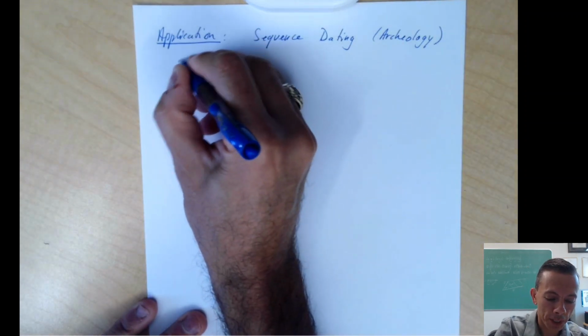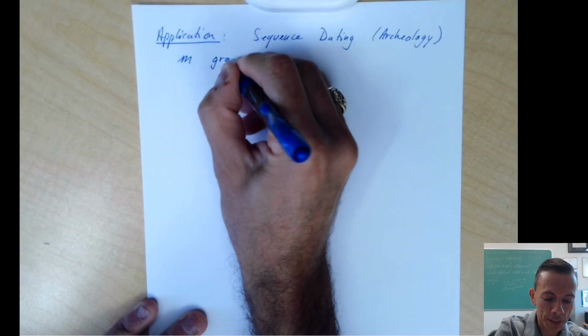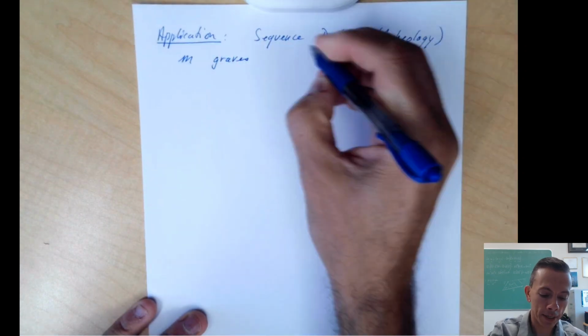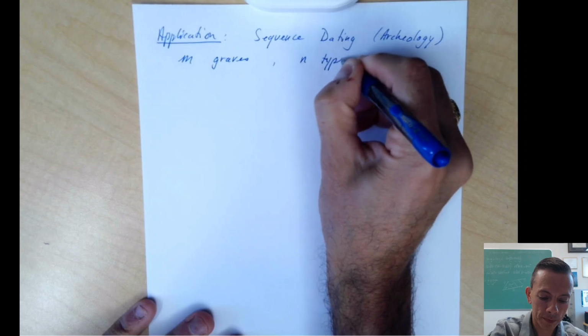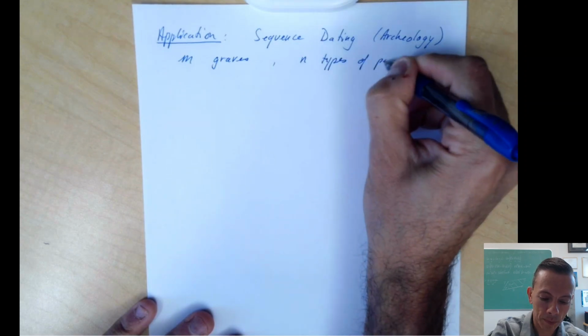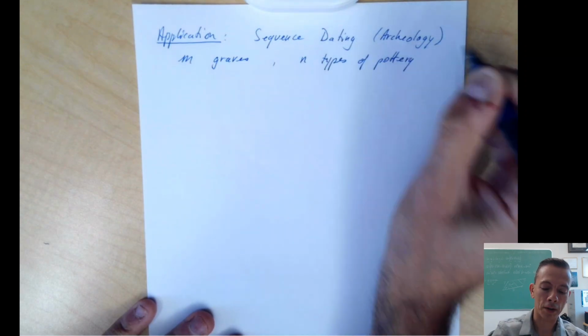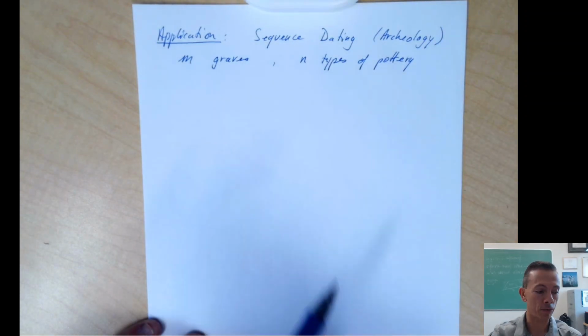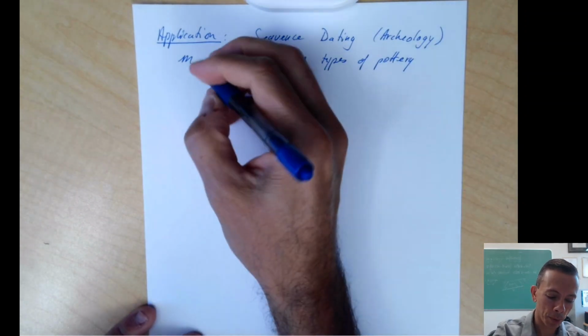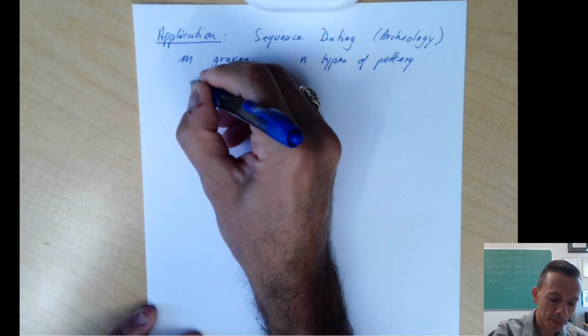So if we assume that we have M graves and N different types of pottery, and the archaeologists are able to find different kinds of pottery in the different graves, they can come up with a table that looks like this.